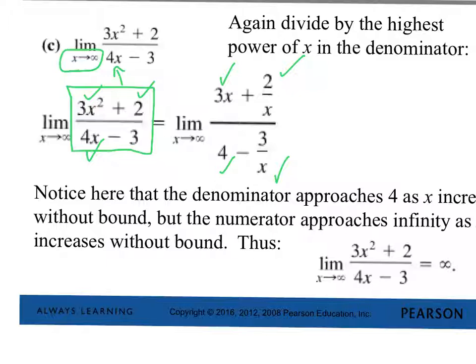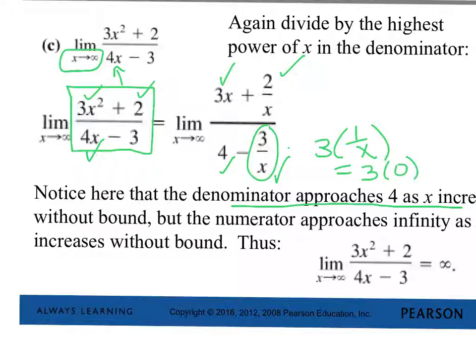Now notice here that the denominator is going to approach 4 as x increases without bound, because this is 3 times 1 over x, and the limit for 1 over x is going to be 0.